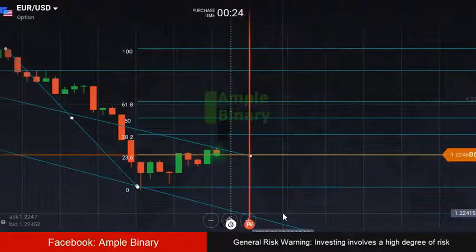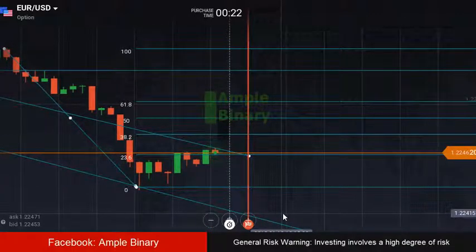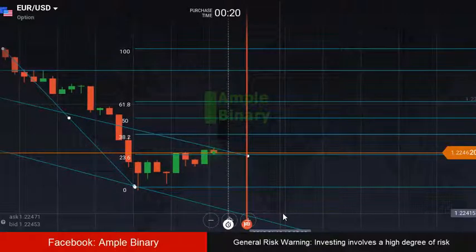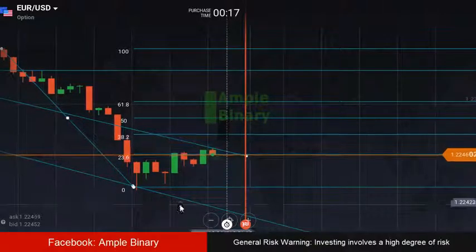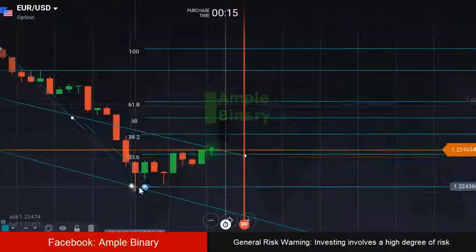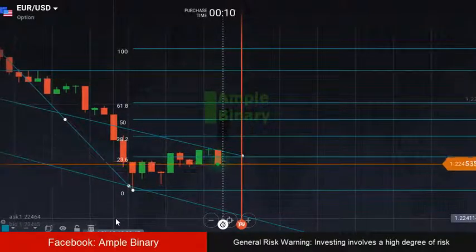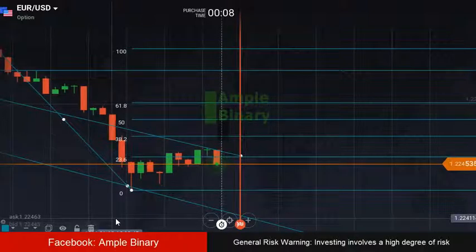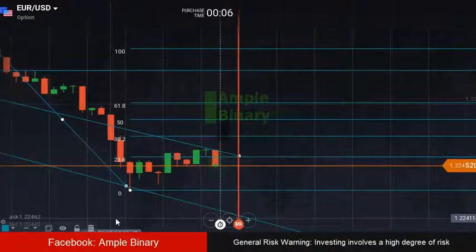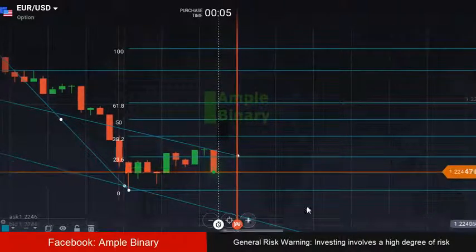We've broken the 23.6% zone. Now, we wait for a candle to close above. It did not close above. Now, we go down since our retracement will not be possible.